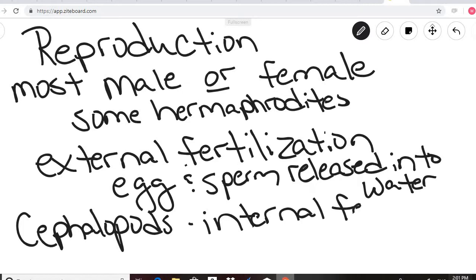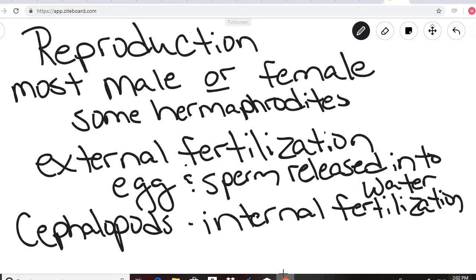So in the case of the cephalopods, the male uses one of his arms to transfer sperm to the female. And the female lays the eggs, and the female watches over them.